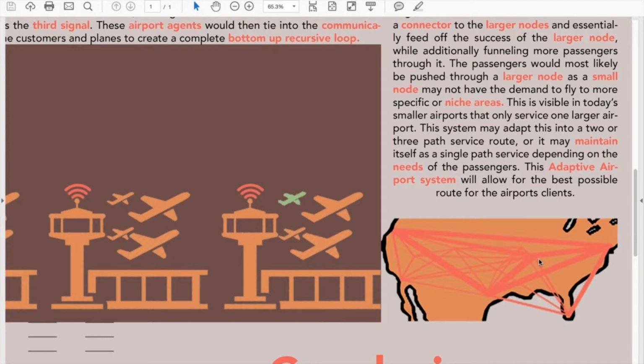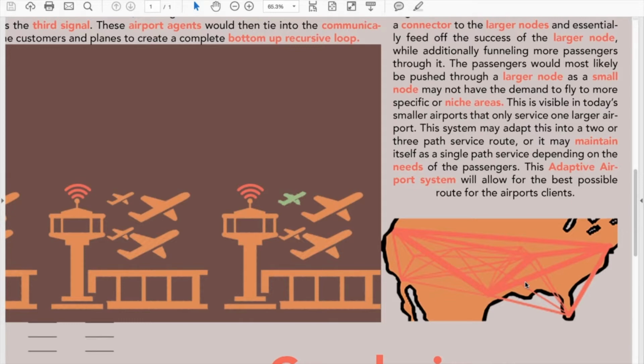I'm not saying that's what's going to happen, but it is a possibility. Another thing we may see is smaller airports that are exclusive to one airport, like Waterloo, Iowa, which flies exclusively to Chicago O'Hare, may also offer other flights that are in demand from the people. It may not; only the system would be able to say.